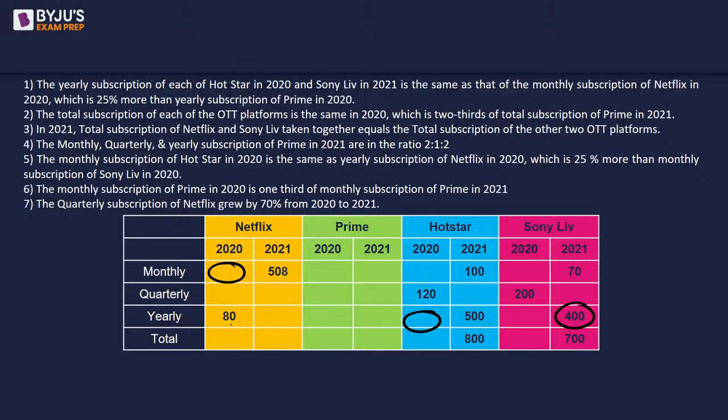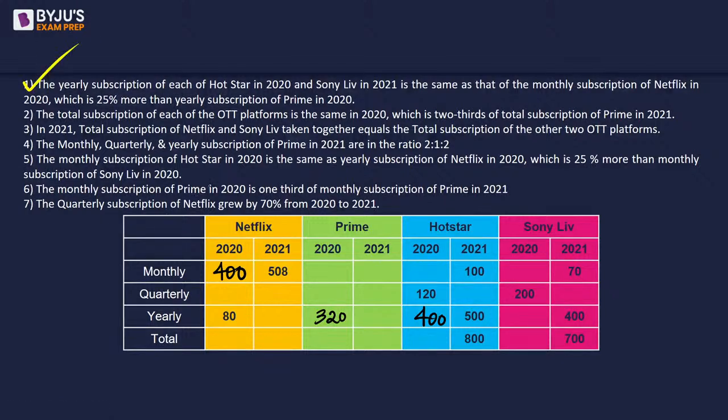And this is 25% more than the yearly subscription of Prime in 2020. So ये तीनों same होंगे, and if these three are going to be same, that would mean this is going to be 400. This is also going to be 400. And it says that this 400 is 25% more than this particular value, which is going to be 320. ठीक है, first bullet point done.